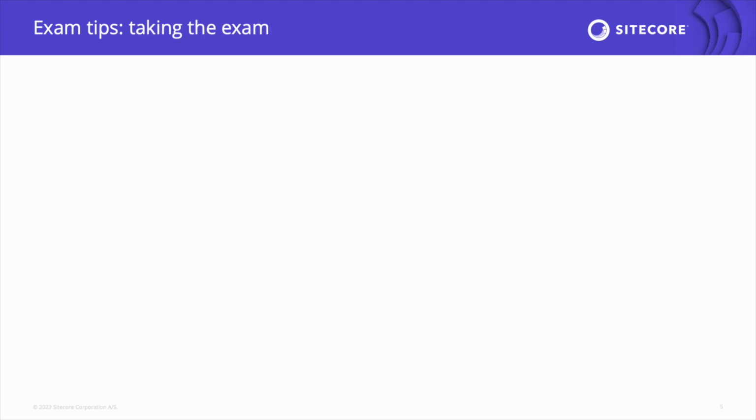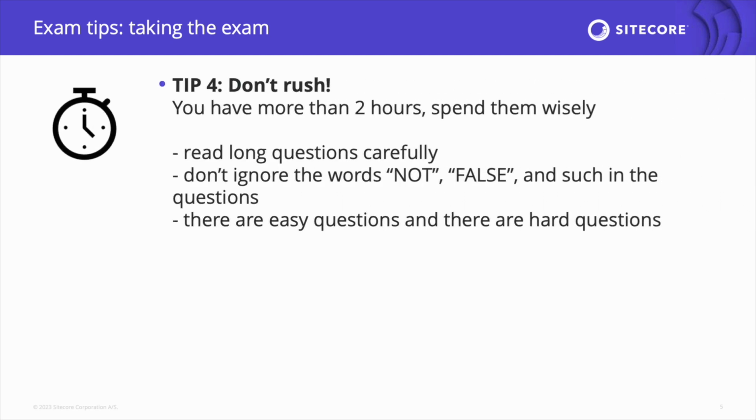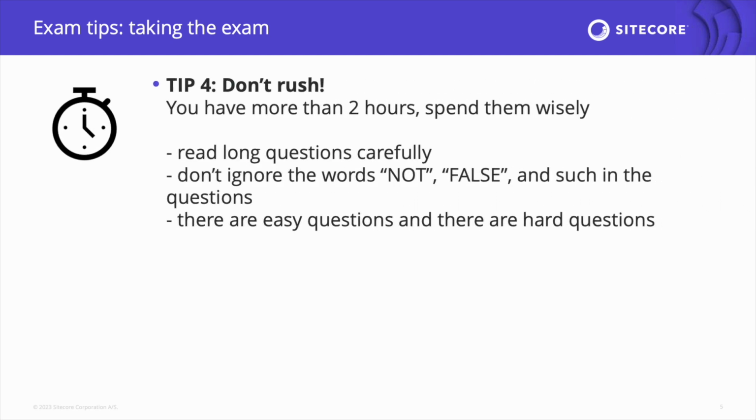What tips do we have about taking the exam per se? Just don't rush. Make sure you allocate enough time for each question, because you have more than 2 hours. You can spend them wisely. Read long questions carefully. Don't ignore words such as not, false, and such in the questions. There are easy questions and there are hard questions.